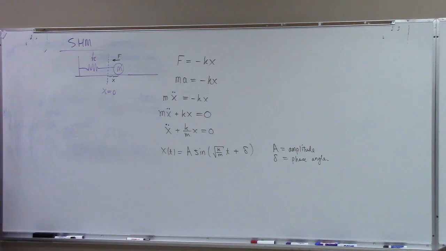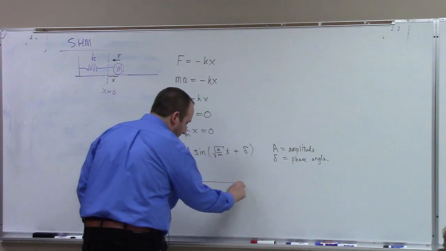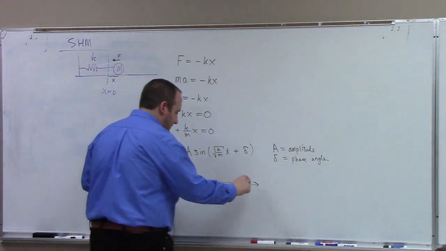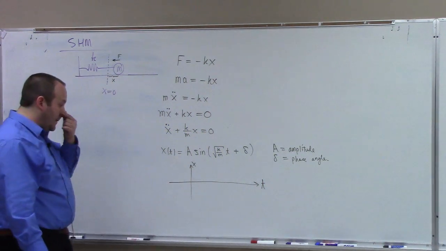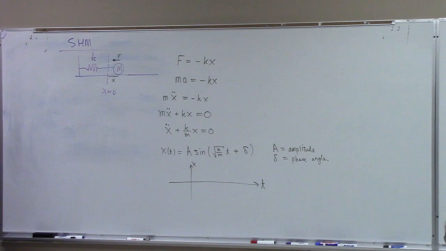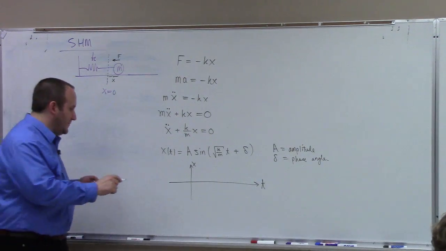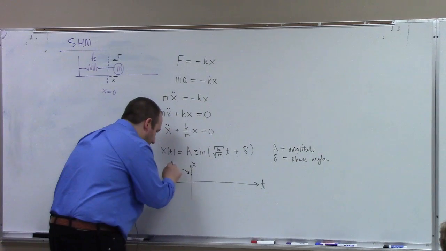And what does that look like? All right, I'm going to graph this, time on the horizontal axis, and this will be x for the moment. At t equals 0, where is it? It would be at A sine delta.